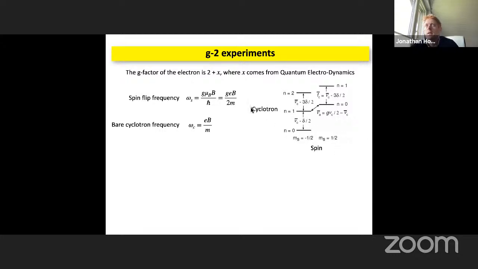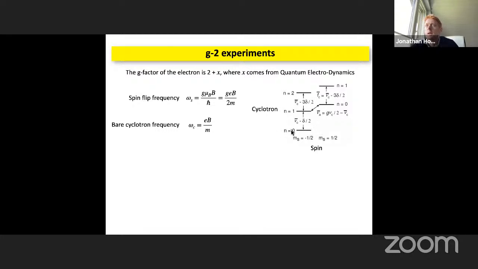On the left-hand side, I'm plotting the number of quanta in the cyclotron motion. The difference between these different energy levels is basically the cyclotron frequency, though it is slightly modified, and the modification comes from the fact that in a Penning trap, this ν̄c is the modified cyclotron frequency, not the cyclotron frequency. So there's a slight complication coming there already.